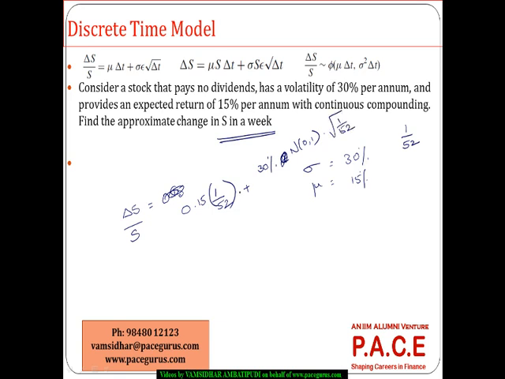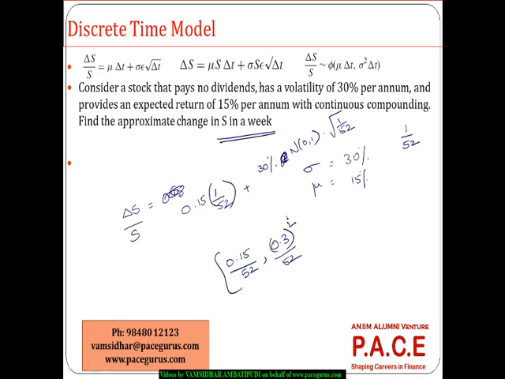Now this is where I will see that delta S by S will follow a normal distribution with a mean of mu delta t, which is 0.15 by 52, and a variance of sigma squared delta t, which is 0.3 squared by 52.